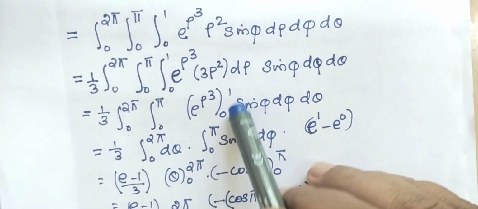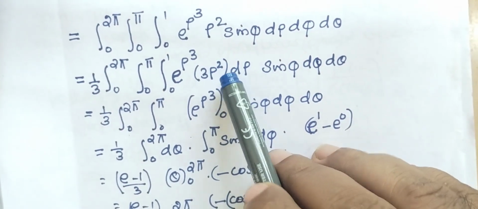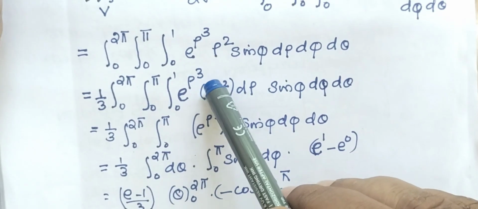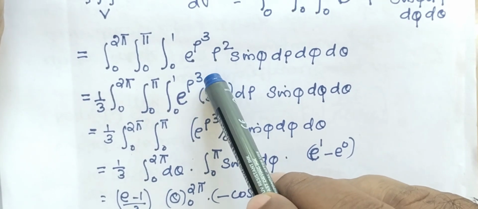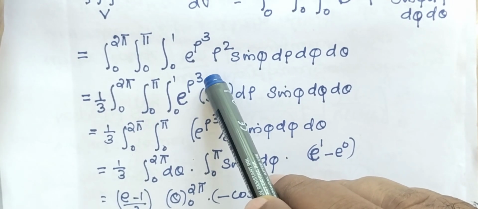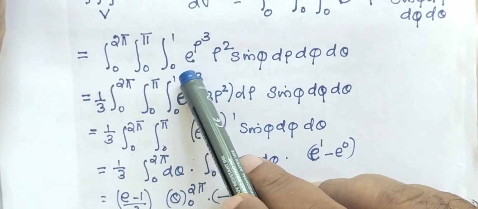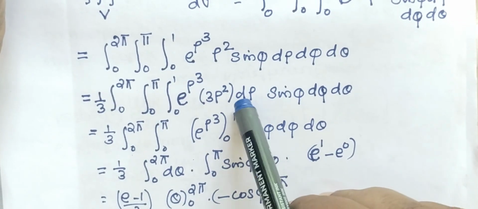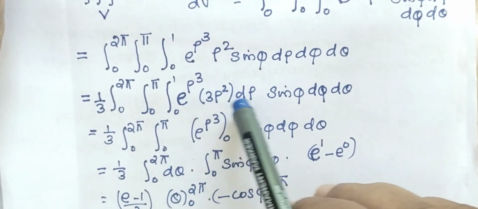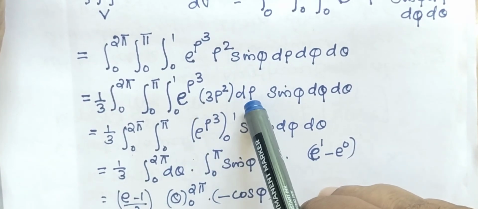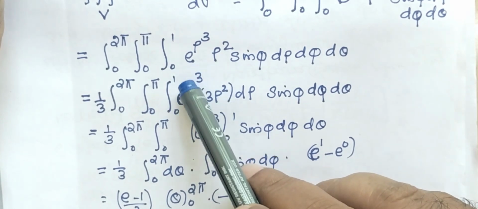First you integrate with respect to rho. Here the power is rho cube. The integration of e raised to x is e raised to x only. It is valid only if the x derivative is in the numerator, or it is a multiple of its derivative. So here, rho cube.